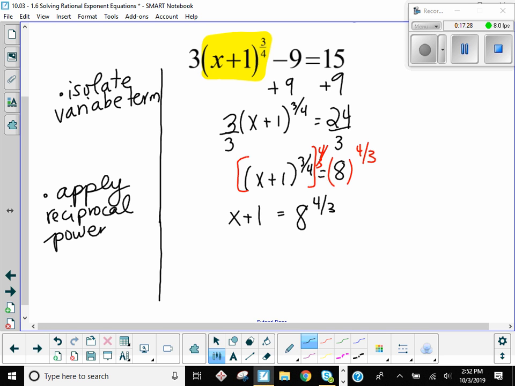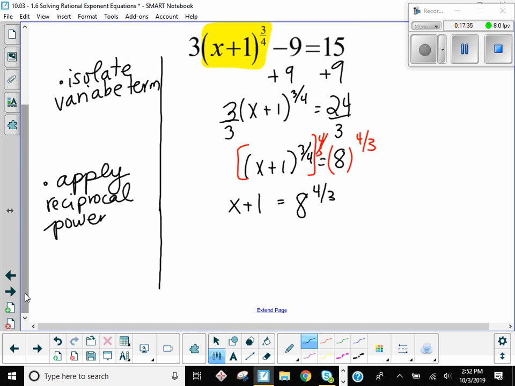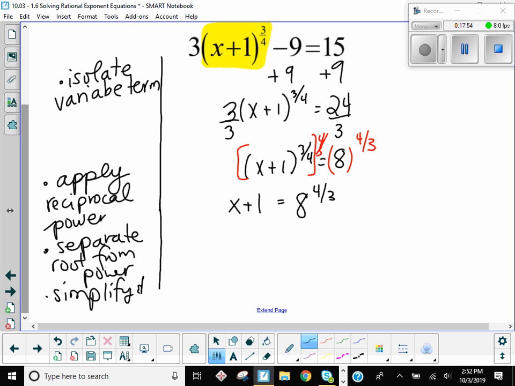Okay, so we don't need the plus or minus because the root is odd. So we're here now. We now separate the root from the power and simplify, and then simplify and solve.